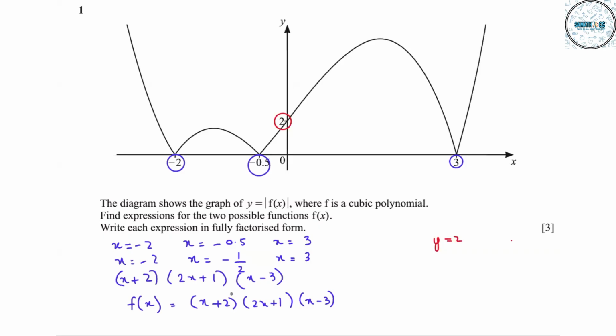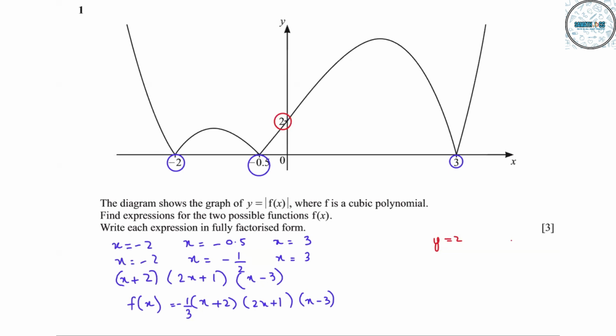When we multiply 2 by 1 by minus 3, we get minus 6. But the y-intercept is 2, so we have to multiply it by minus 1 upon 3 so that we get the y-intercept as positive 2.